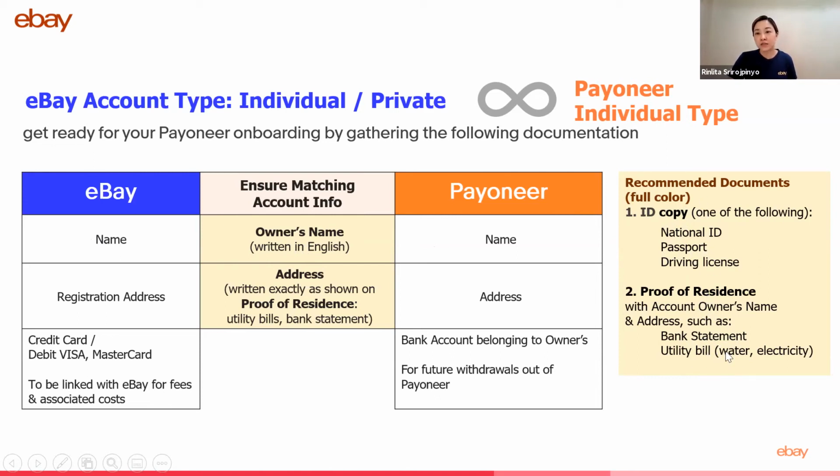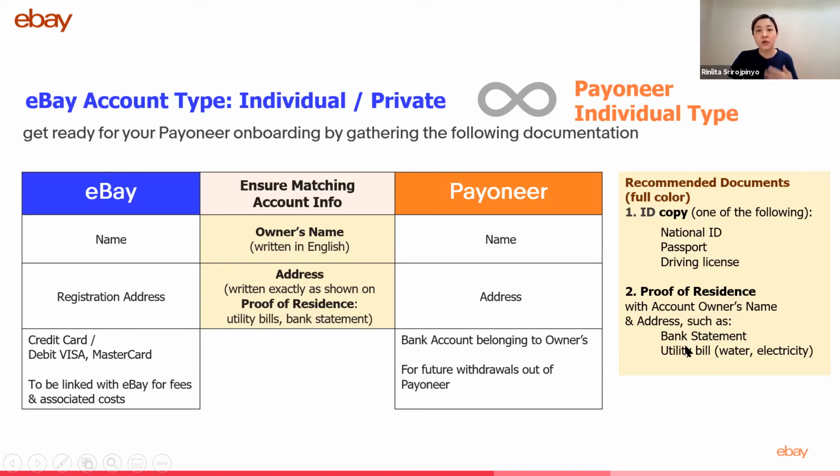These are the recommended ones. Payoneer has other options. You can go to the Payoneer site that I showed you earlier to check the specific details if you are looking for substitutable documents. But I am recommending you use the very effective ones.